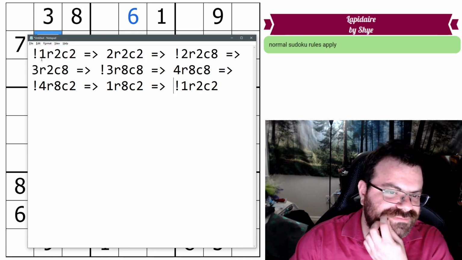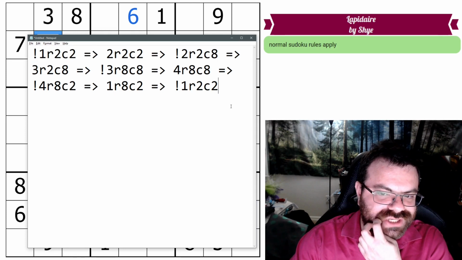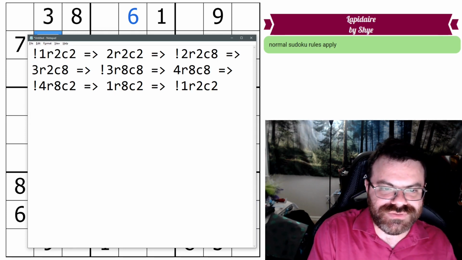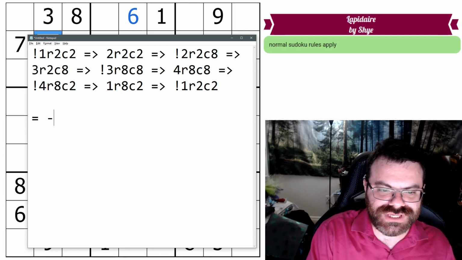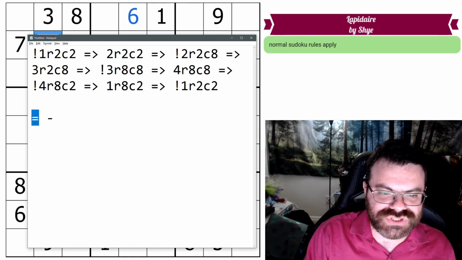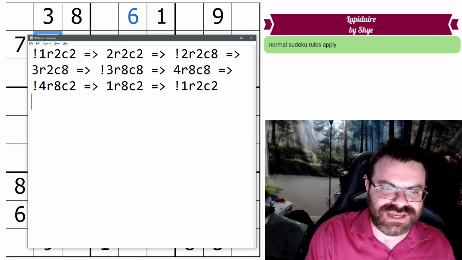So in this case, we have found what's called an alternating inference chain. Another way to write that would be to use an equal sign for a strong link and a minus sign for a weak link, because the weak link is 1 rope and the strong link is 2 ropes. Don't think of them as the mathematical symbols.